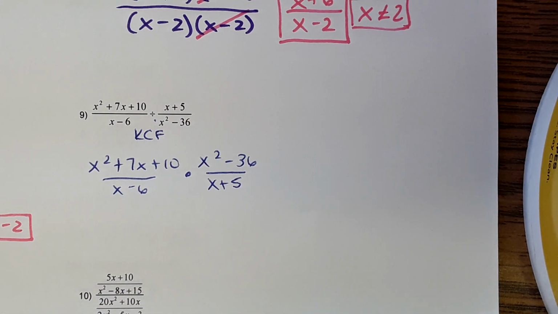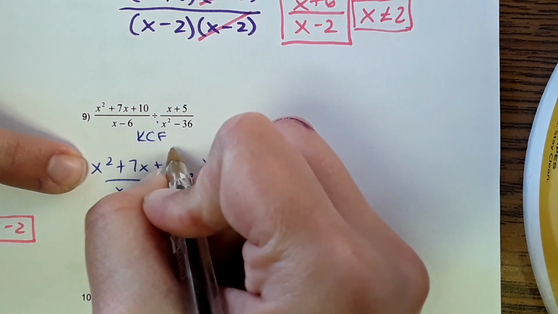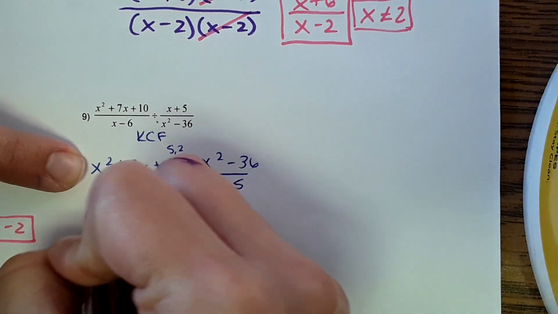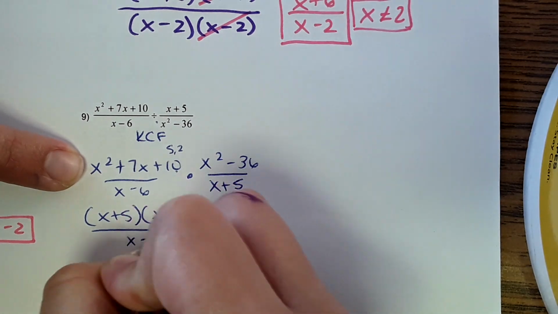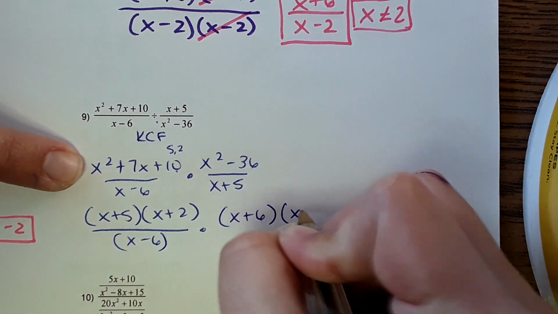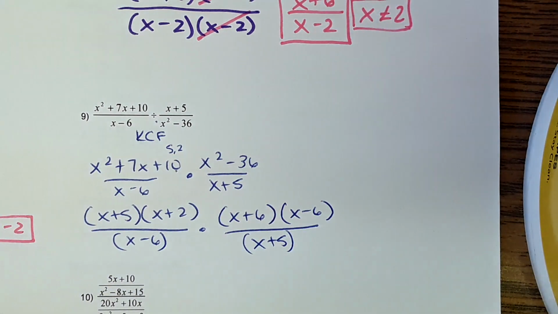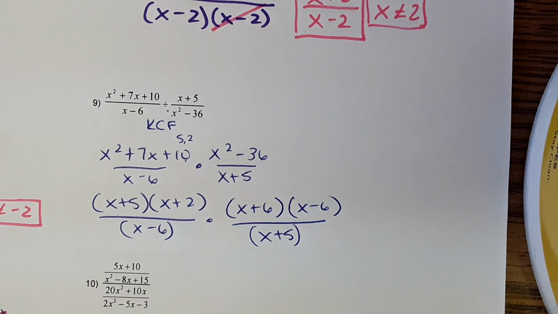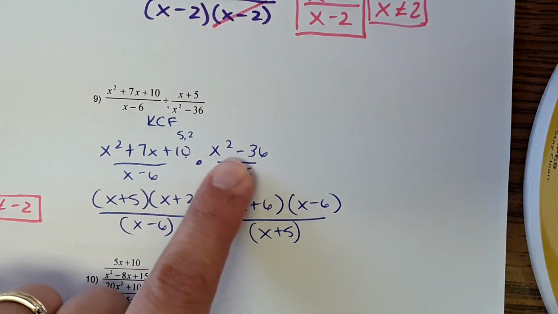Okay, now I'm going to factor stuff out. Two numbers that multiply to this and add to 7 would be 5 and 2. So x plus 5, x plus 2 over x minus 6. That's for the x squared minus 36.